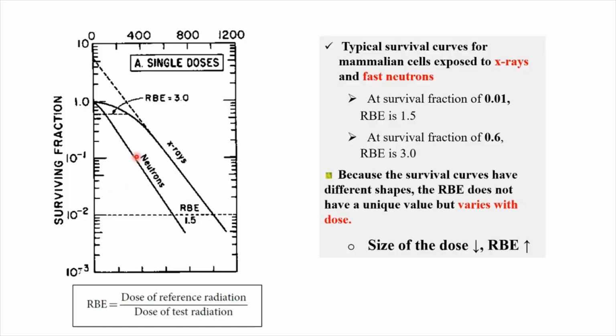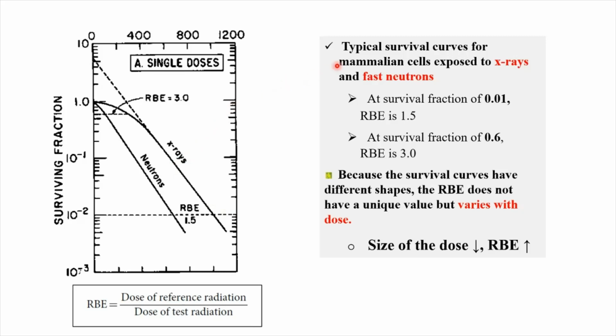So this is a typical cell survival curve for mammalian cells which are exposed to X-rays and neutrons. If we want to calculate the RBE, we have to focus on a given clinical endpoint. As you know, RBE is not constant, it varies with dose and also with the biological endpoint. So if we want to calculate RBE for a survival fraction of 10 to the power minus 2, that is 0.01, then the RBE comes out to be 1.5.